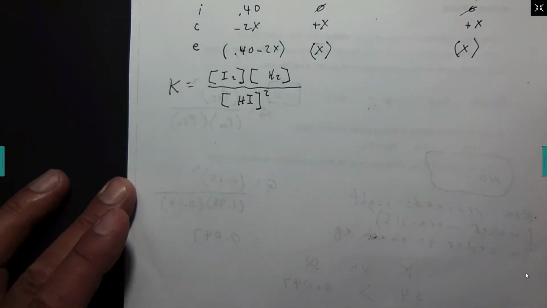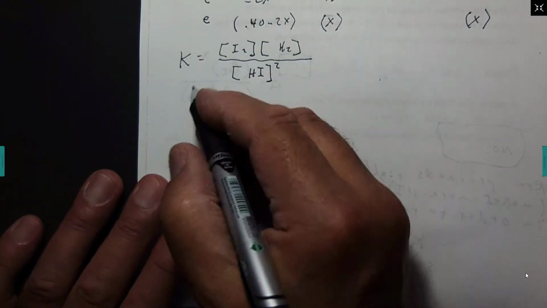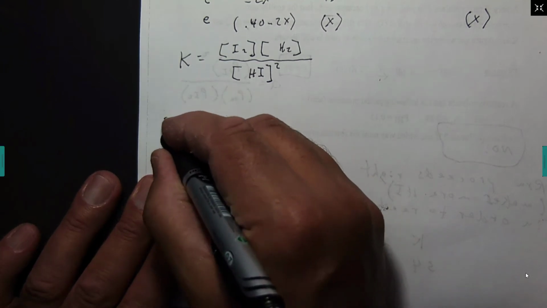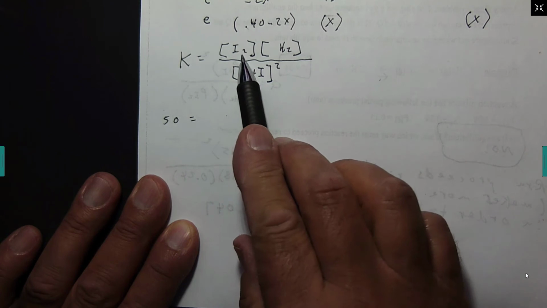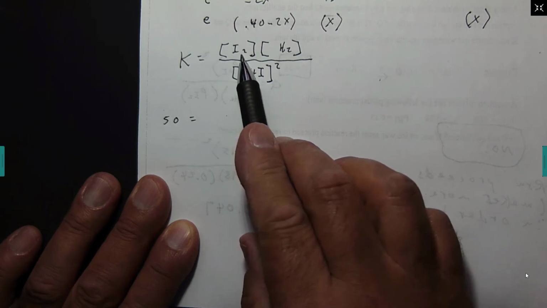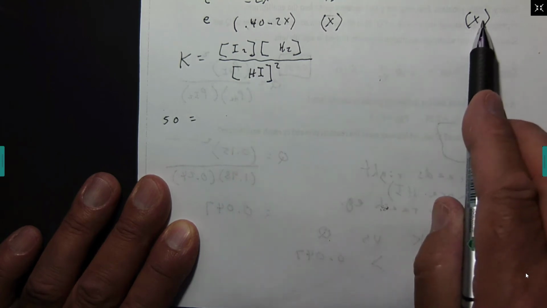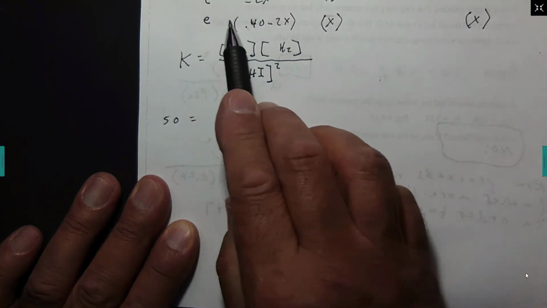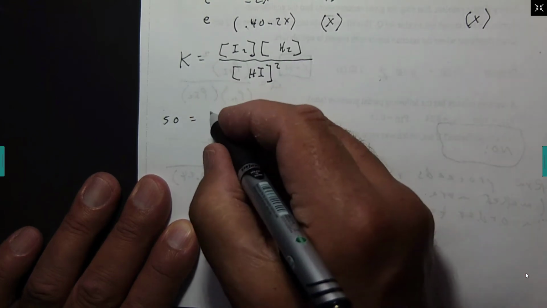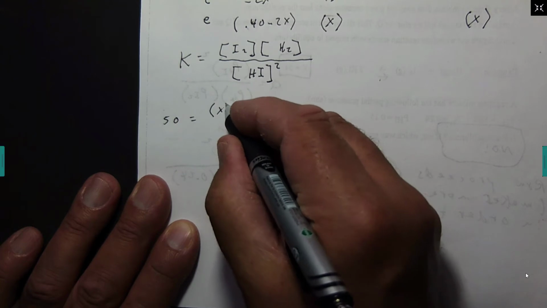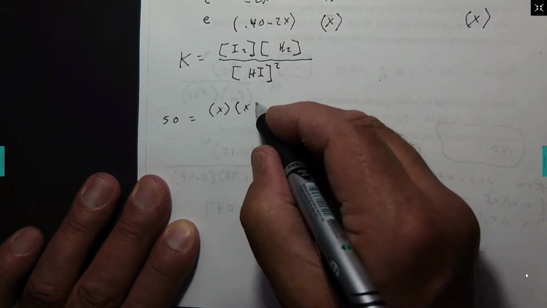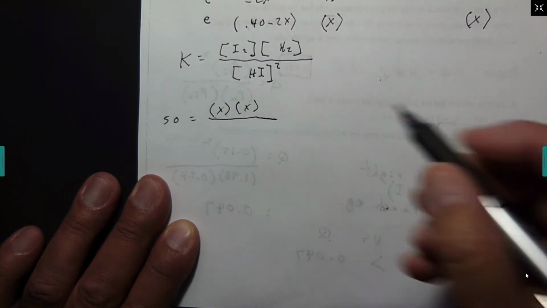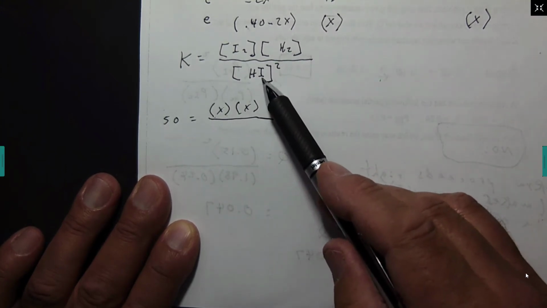So plugging everything in, the value of K is 50. The equilibrium concentration of I2 is x. See, here's my equilibrium concentrations. So it's going to be 50 = x times... the equilibrium concentration of hydrogen is x. I need the equilibrium concentration of HI.